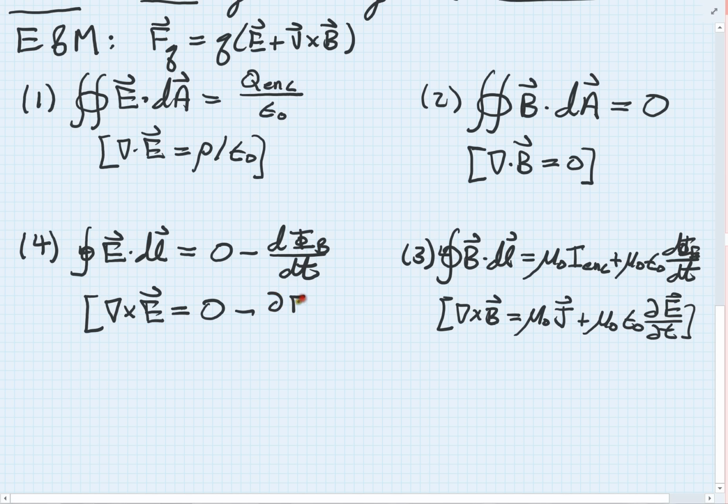So that would be the partial time derivative of the magnetic field that would go here in the electric field case. So this modified path integral result for the electric field that includes in particular these changing flux terms, this full law now has a name. This is known as Faraday's law.